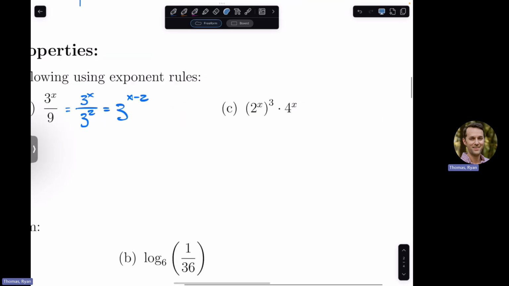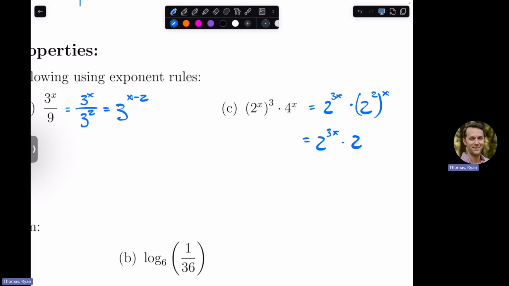Okay, 2 to the x to the 3rd, which is the same thing as 2 raised to the 3x, times 4 to the x, which is the same thing as 2 to the 2x, right?